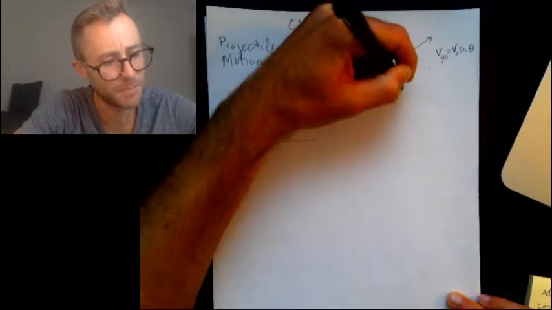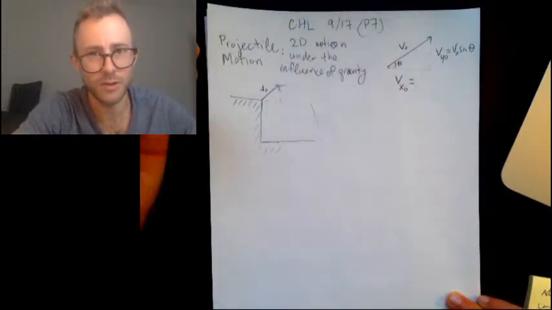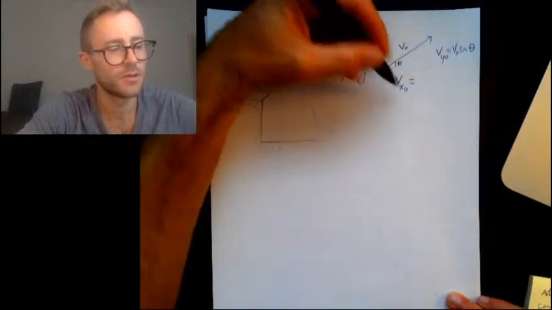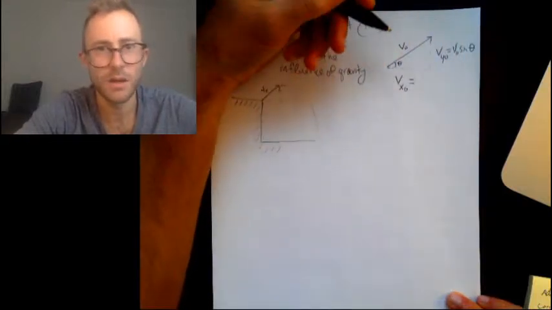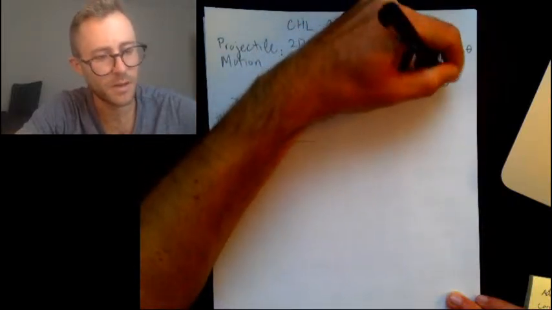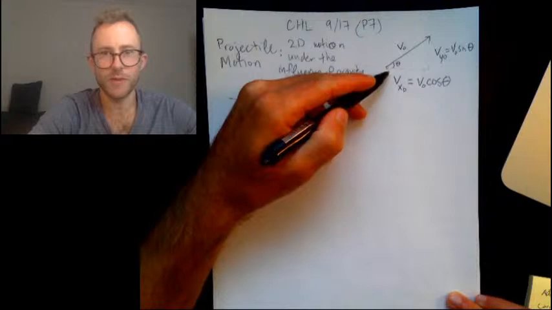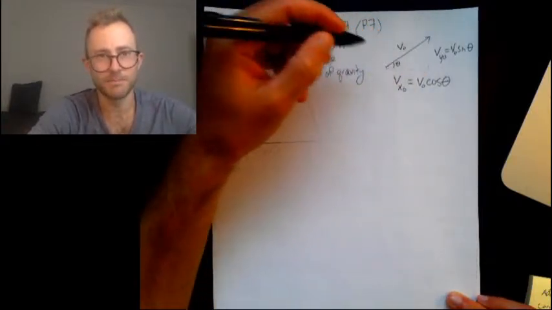The v x naught is the initial horizontal velocity, okay? So x for horizontal, 0 for initial. And that is equal to v naught cosine of theta. Where does that come from? It comes from the fact that this is adjacent to the angle, all right?